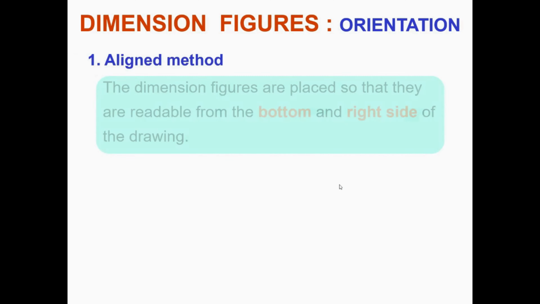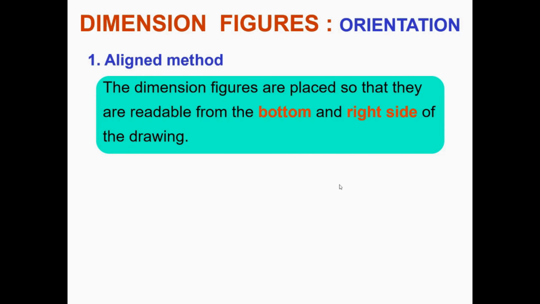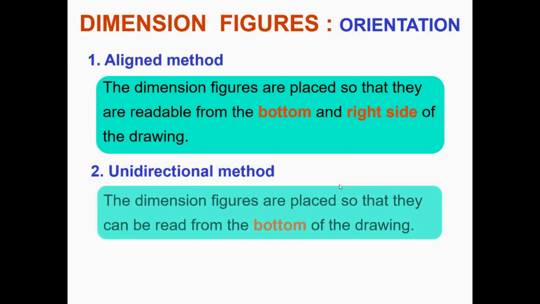Let's look at also the orientation with respect to the dimension figures. We have two orientation, which is number one, the align method. Basically the align method helps us to place the figure so that it will be readable from the bottom and right hand side of the drawing. Then the unidirectional method, basically it helps us to place so that they can be read from the bottom of the drawing.